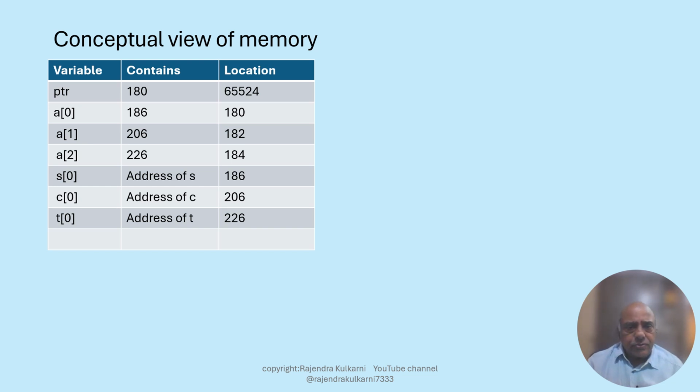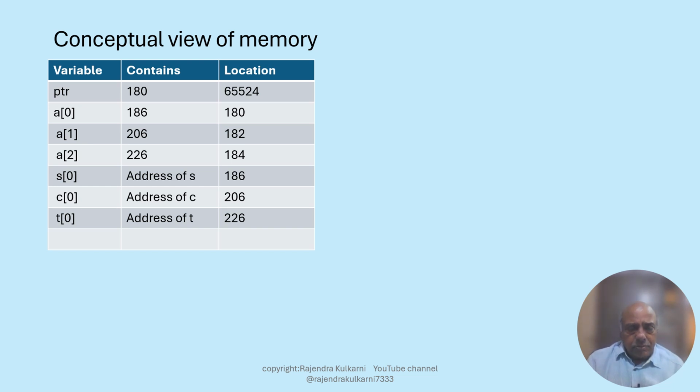Location 65524 is the location of ptr, which is a pointer to a pointer, and at that location the value stored is 180, which is the base address of array A. A is an array of pointers.